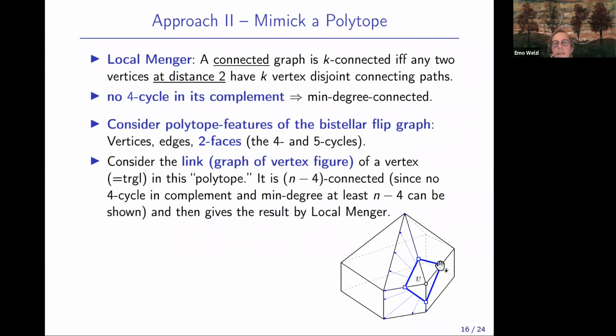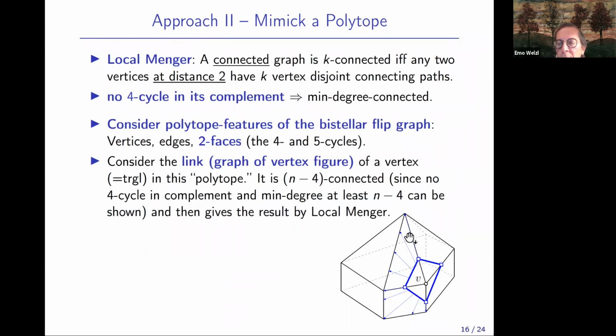So we can at least define something like a vertex figure, and we call it here in this context a link of a vertex in this graph. And the nice thing is that everything which I explained to you for Balinski goes through now in this setting.